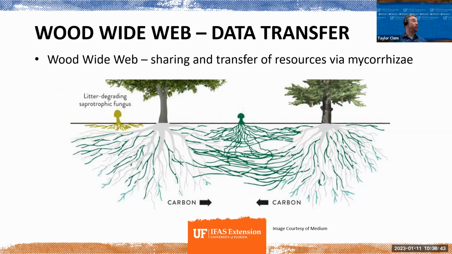I'm your mama tree. I'm going to send you nutrients and water and sugar through this mycorrhizal network. Or you have a jerk of a tree that says, hey, I don't like you. I'm going to send toxins through here that will kill you. So that's one of the things. One of the specialists with UF was talking one time about mycorrhizal networks, and he goes, everyone thinks of mycorrhizal networks as this happy, wonderful world, but it is chaotic and crazy and dark and sinister, and it's very true.